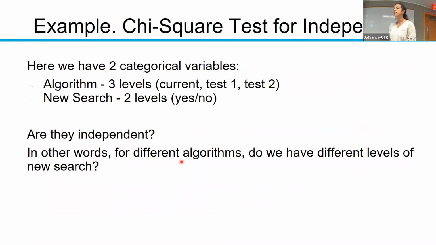So again, in this case, we're not dealing with a 2x2 table. We're actually dealing with a 2x3 table, because the new search variable has 2 potential levels and the algorithm has 3 potential levels. And what Google is going to care about in this case is, are these 2 variables, algorithm and new search, independent? So for different algorithms, is the percentage of users satisfied with each algorithm the same or different?